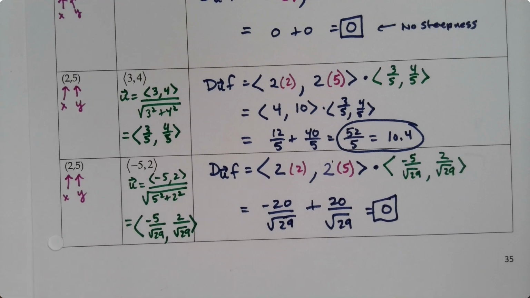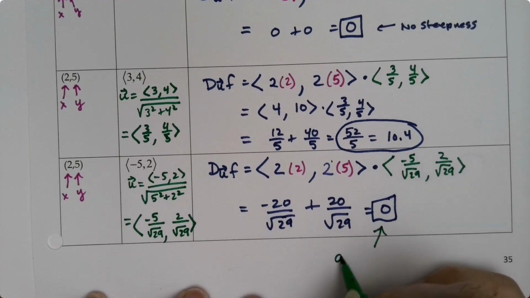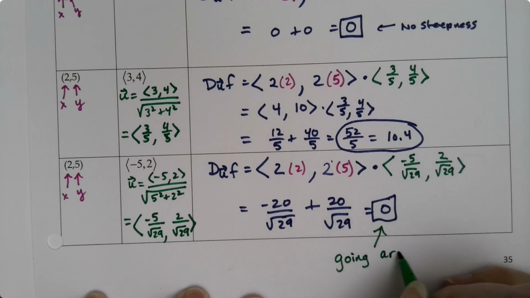It's 0 because we're going around the surface on a contour curve.